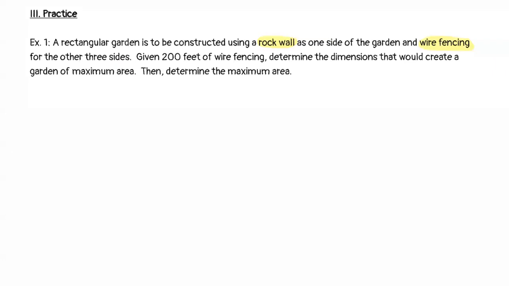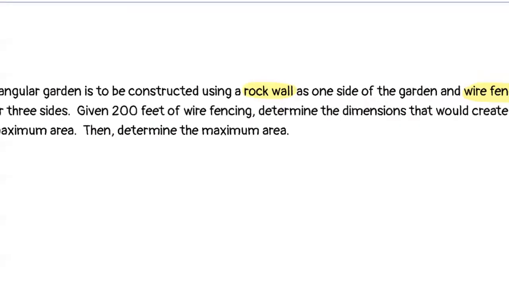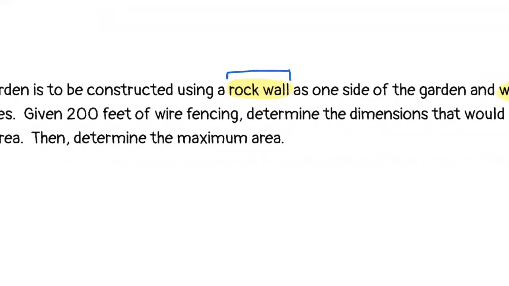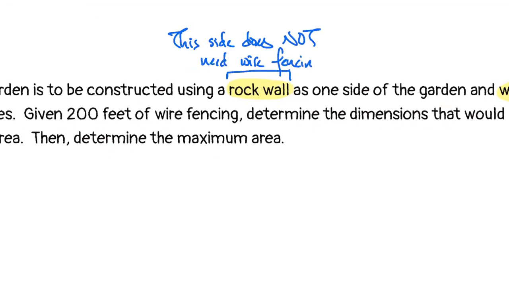Now, there's something sort of implied in this, which is since one side has a rock wall, we do not need wire fencing on that side. Okay, so that is implied in the question, but it might be important to write down here that this side does not need wire fencing. Okay.